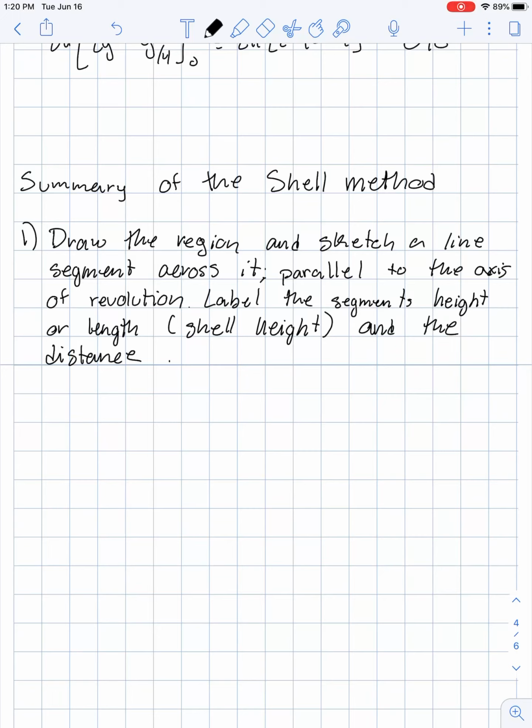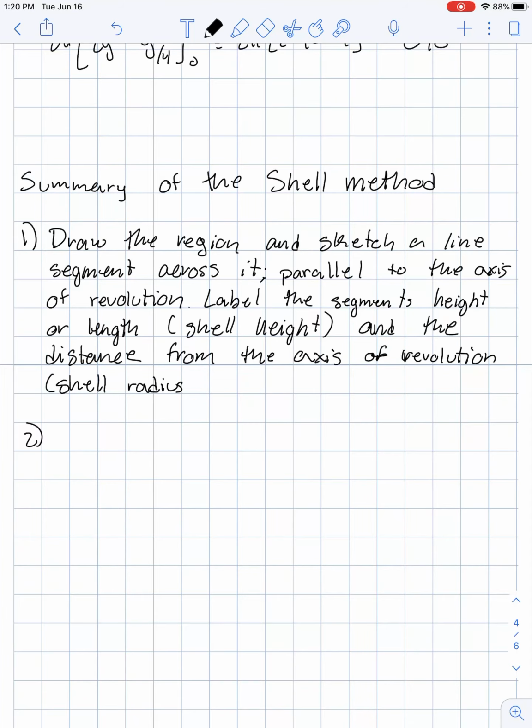And the distance from the axis where we're revolving, so axis of revolution, we're going to call that our shell radius.